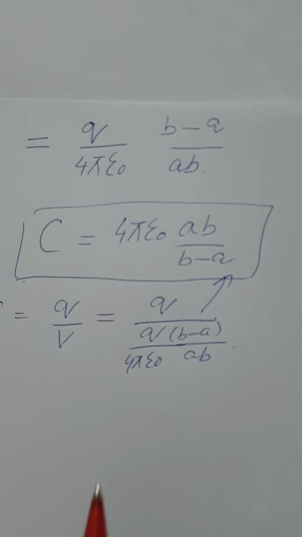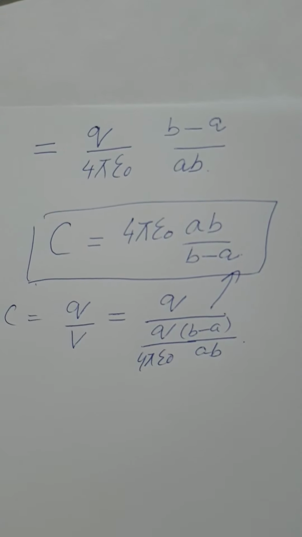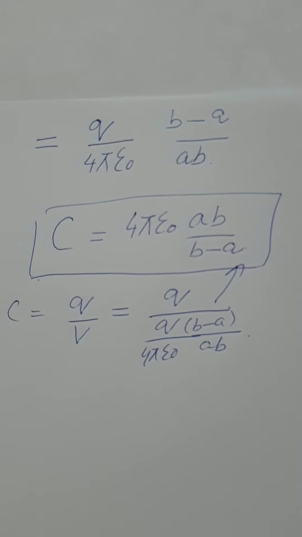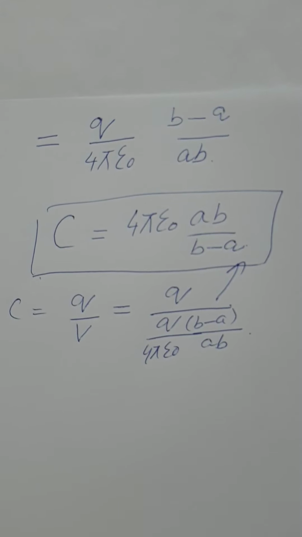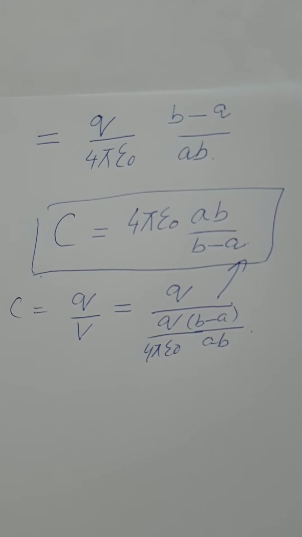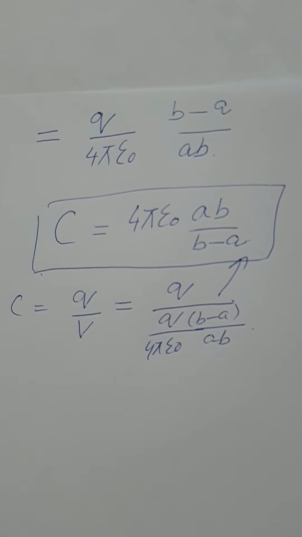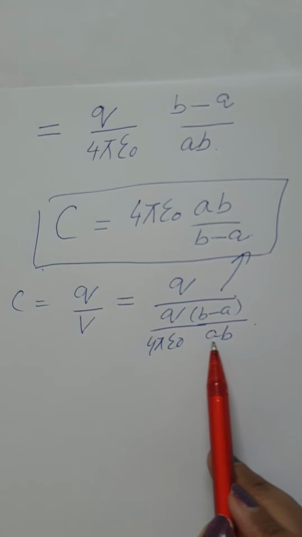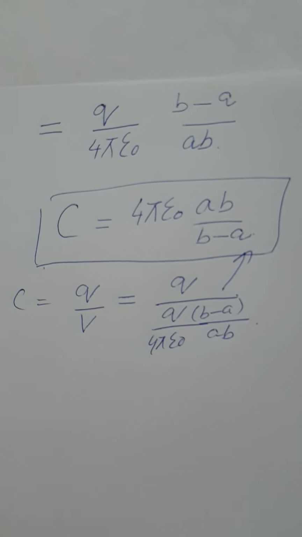Now this is the capacitance of a spherical capacitor, and again the point to be noted is it depends on the geometrical configuration, on the radii of the shells of the spheres.